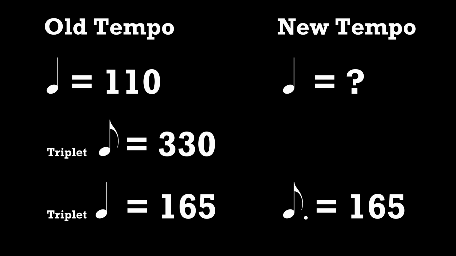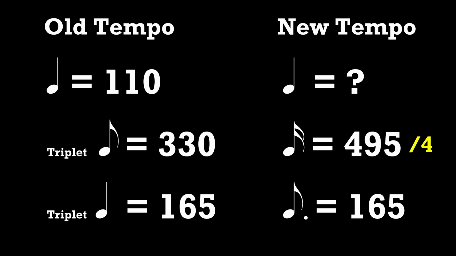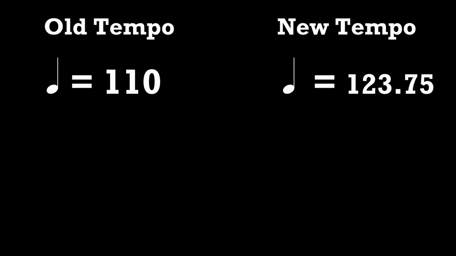A dotted eighth is equal to 3 16th notes, so we can multiply this by 3 to get the number of 16th notes in a minute, which is 495. And since there are 4 16th notes in a quarter note, we can divide that by 4 to get our new tempo of quarter equals 123.75, 13.75 BPM faster than the old tempo.